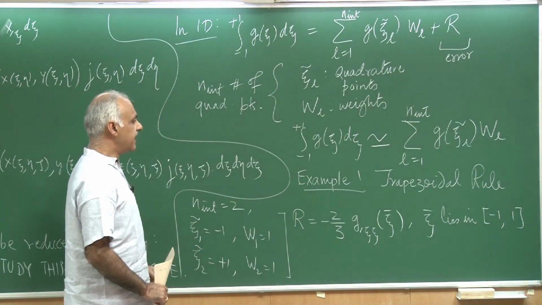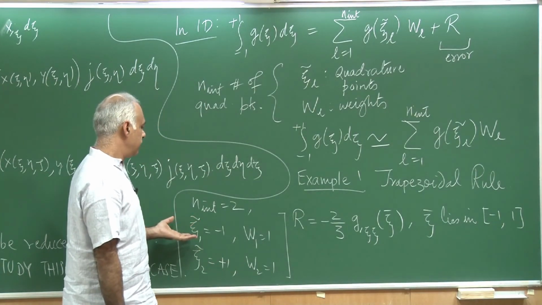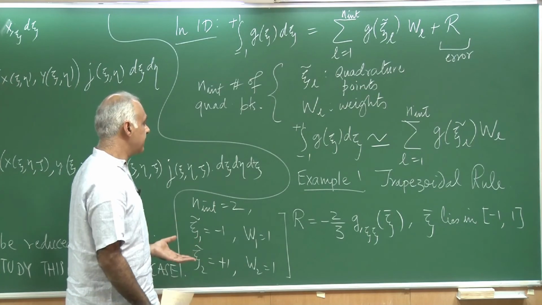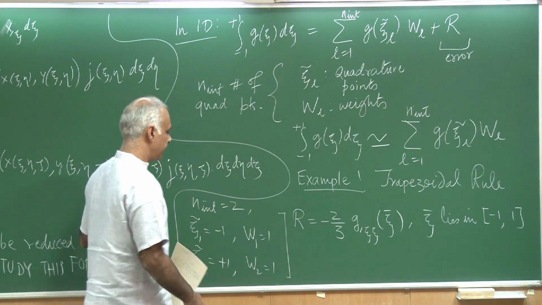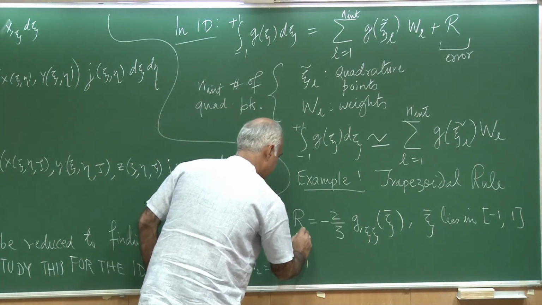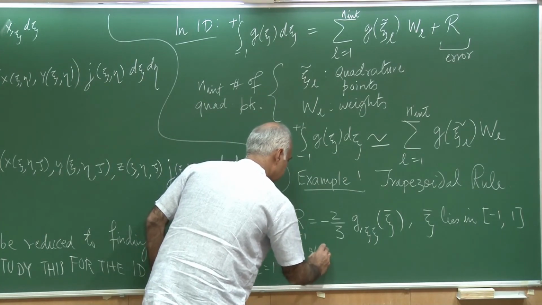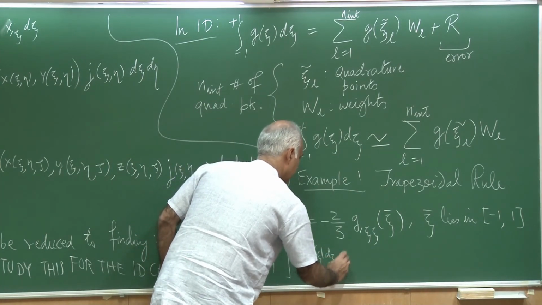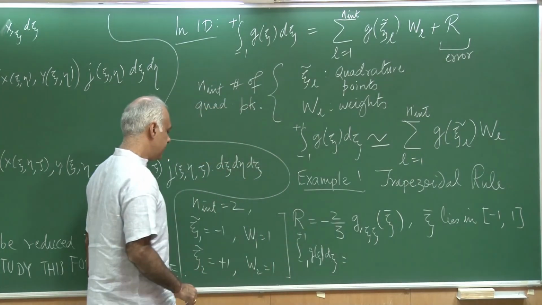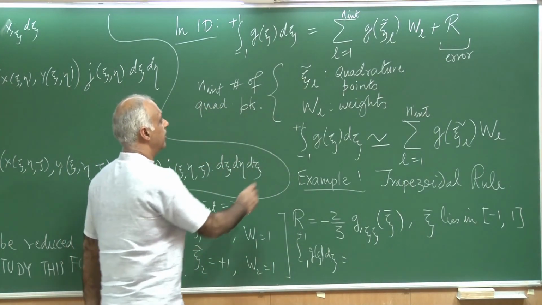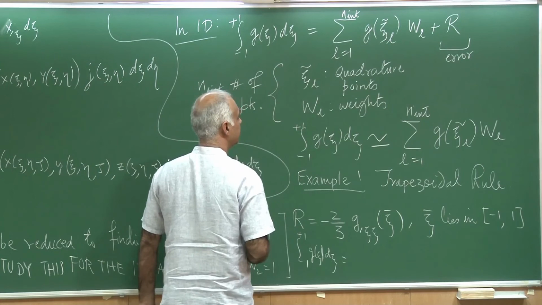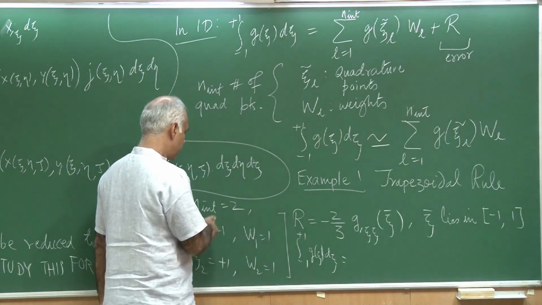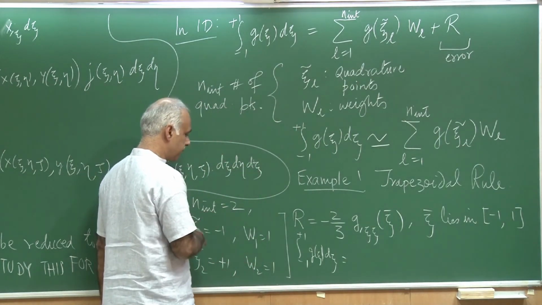So what is being said in the trapezoidal rule is that you can simply replace the integral. So if I want to write the integral from -1 to +1 of g of xi d xi, then I can simply replace it with this summation. So, let me plug in the values. There are two quadrature points.